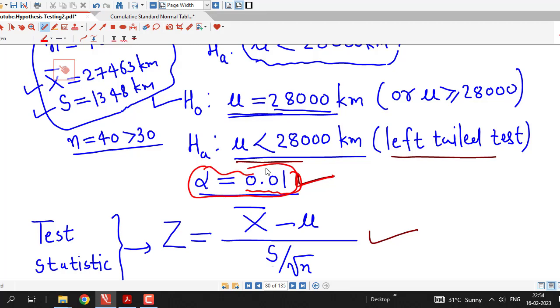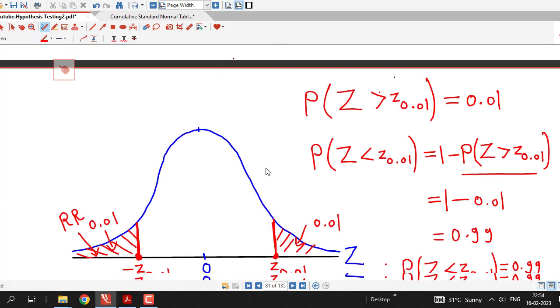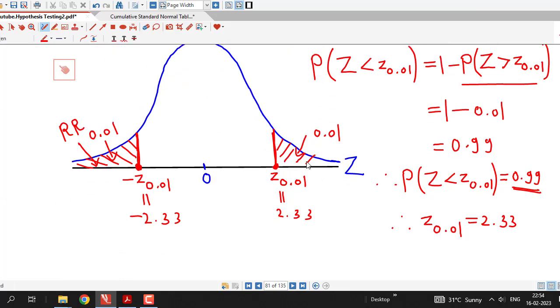But here we have a left tail test, so we consider the area in the left tail, and this is going to be the rejection region. This part only is our rejection region. You don't have to consider this as rejection region, this is just for understanding. The area to the left of this point is the rejection region, and the remaining part is the non-rejection region.